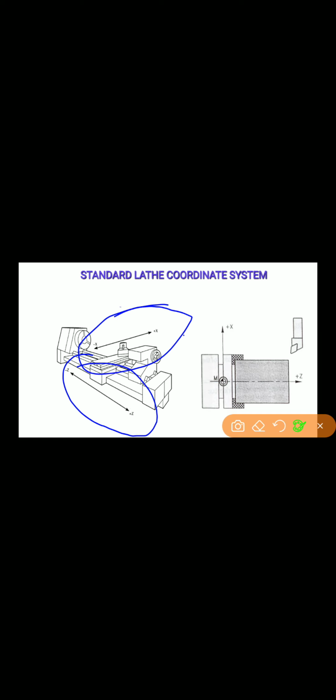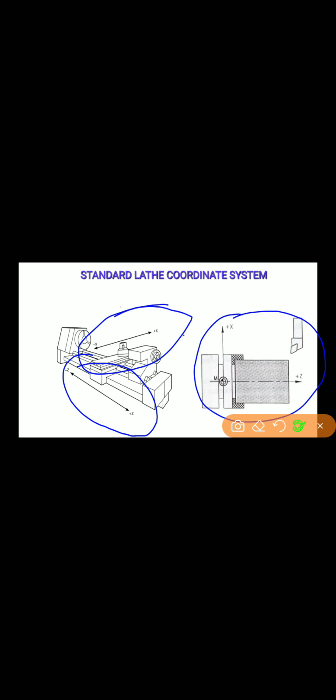X plus and X minus show the direction of the tool, and Z is parallel to the bed, showing the movement of the tool towards the workpiece.